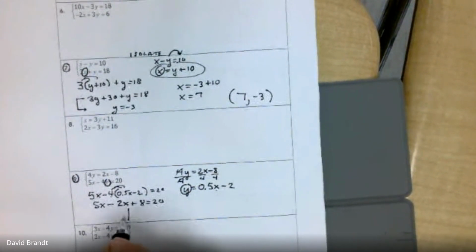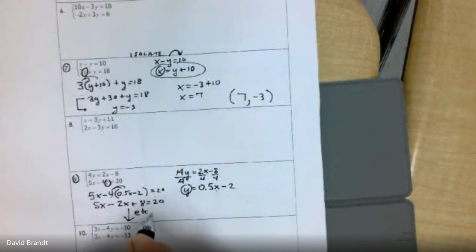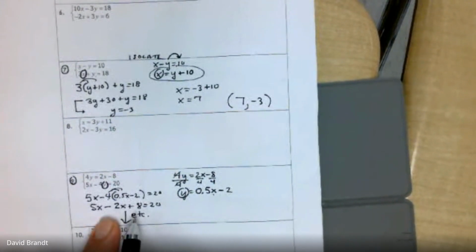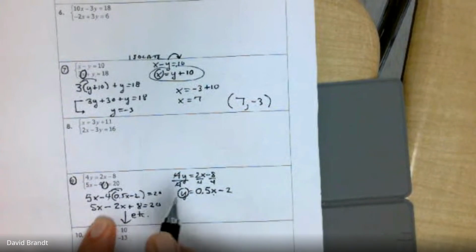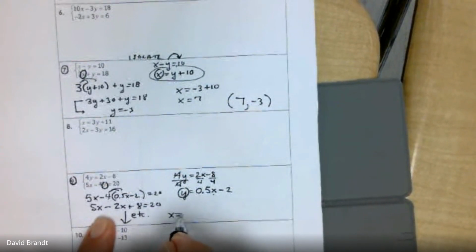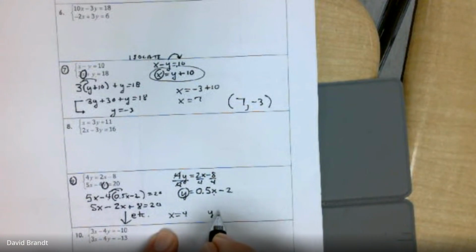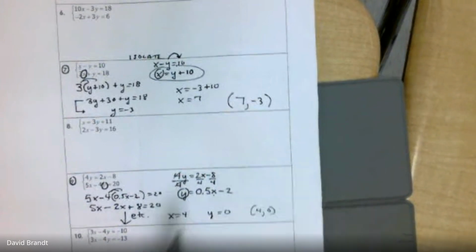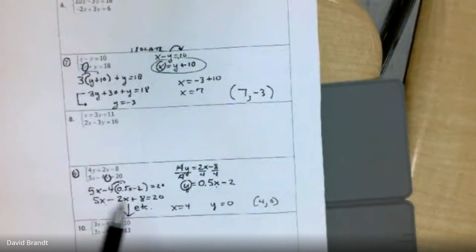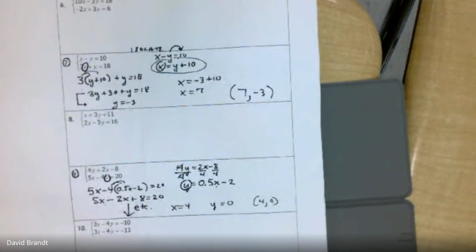I'm not going to finish it for you. You know how to combine like terms. But when you solve it, it's going to be 3x equals 12. You're going to get x equals 4. And when you plug that back in, you're going to get y equals 0. All right. So the answer is going to be 4, 0. I left some of the steps out, but I expect you to be able to solve that yourself.